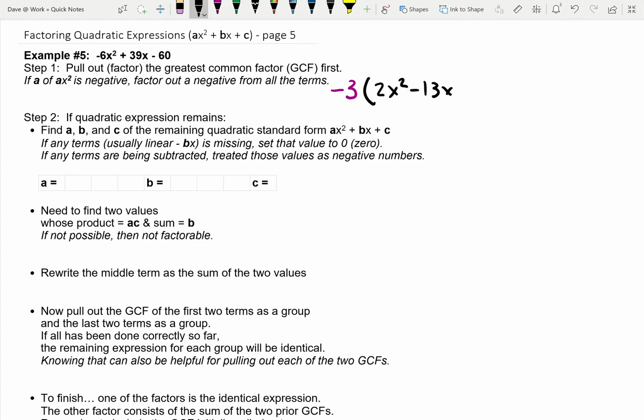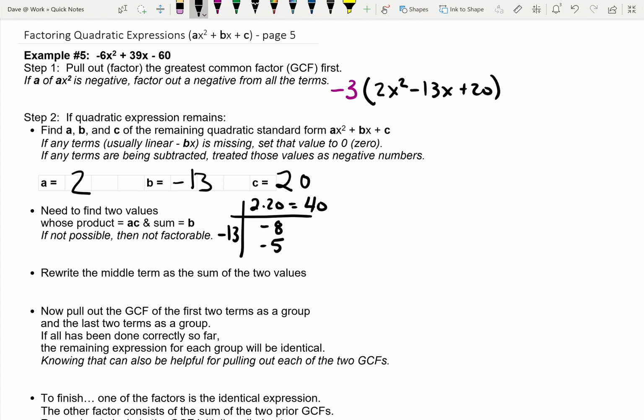minus 13x plus 20. And so I'll be looking at the numbers 2, negative 13, and 20, and realizing I need two numbers that multiply up to 40, because that's what 2 times 20 is, and I need two numbers that add up to negative 13. And those two numbers happen to be negative 8 and negative 5.